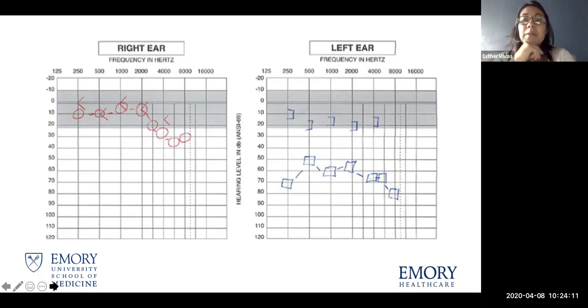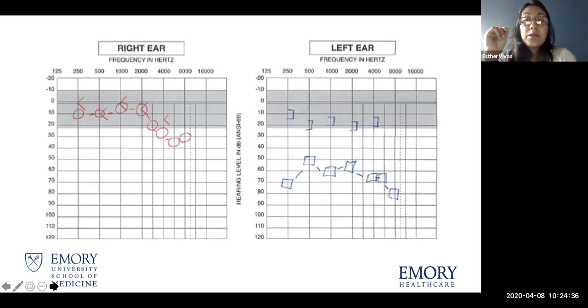So in this patient, we have a purely conductive loss. The fact that there are these squares on the left ear is significant because it says that the audiologist was masking the air thresholds, which is very important because you run into masking dilemmas when there's a big asymmetry between ears. And that's something that we all have to learn to try and identify in audiograms.